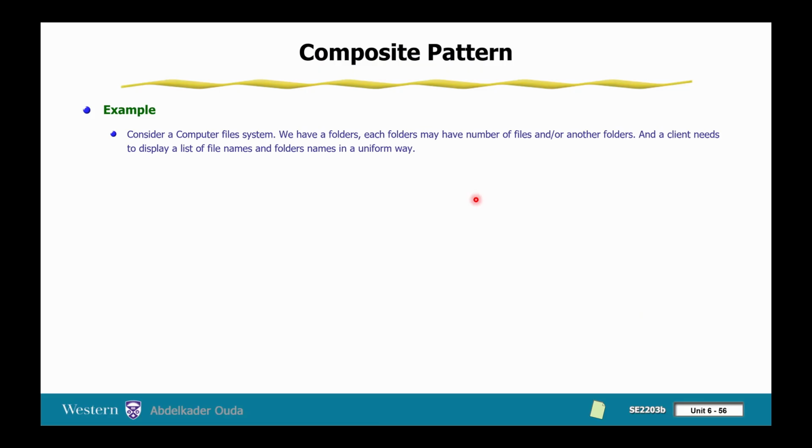To make things more clear, consider a computer file system. We have a folder. Each folder may have a number of files and or other folders. And a client needs to display a list of file names and folder names in a uniform way.